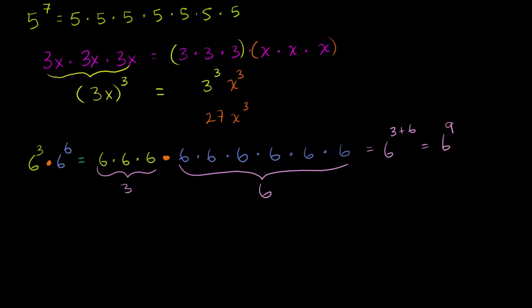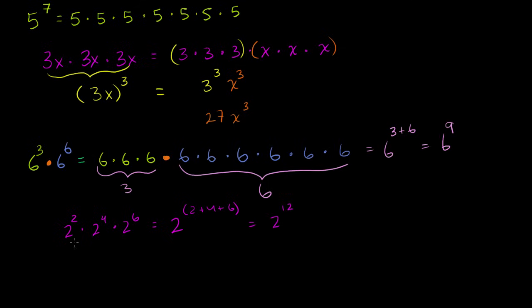Let's do it in magenta. Let's say I had 2 squared times 2 to the fourth times 2 to the sixth. Well, I have the same base in all of these, so I can add the exponents. This is going to be equal to 2 to the 2 plus 4 plus 6, which is equal to 2 to the 12th power.